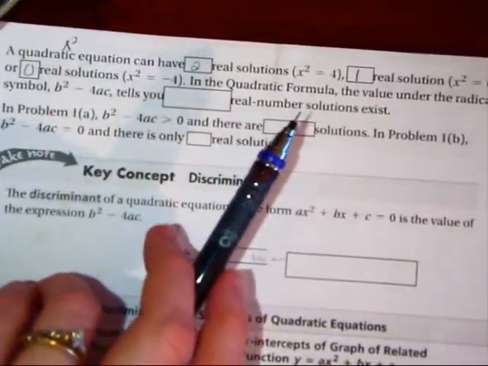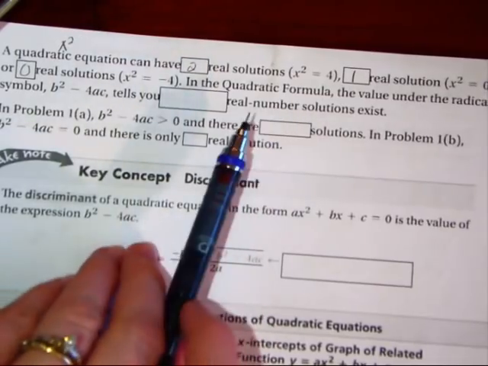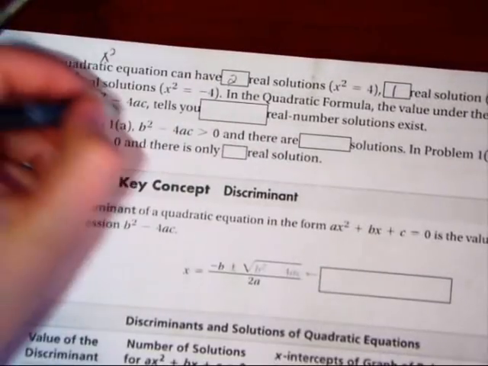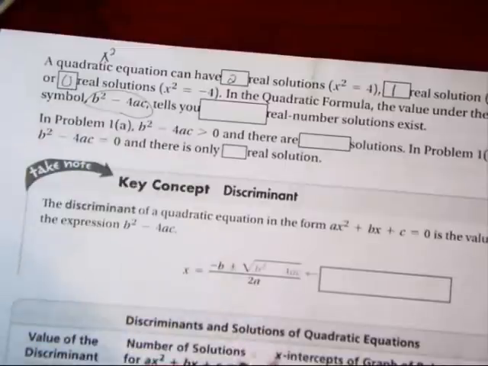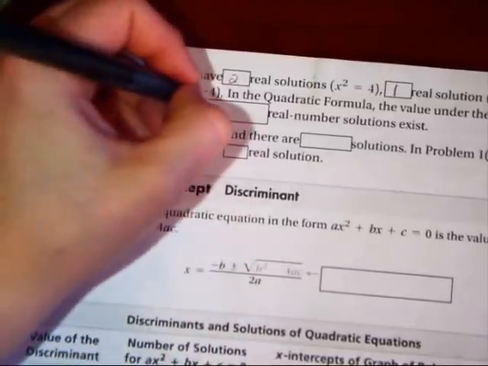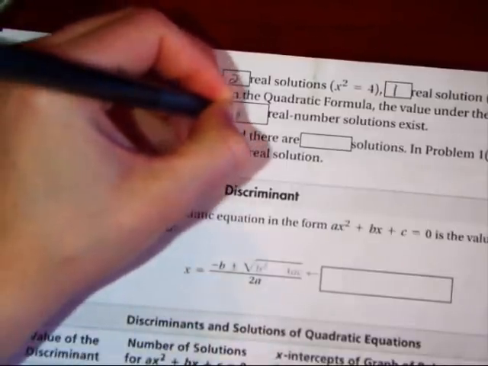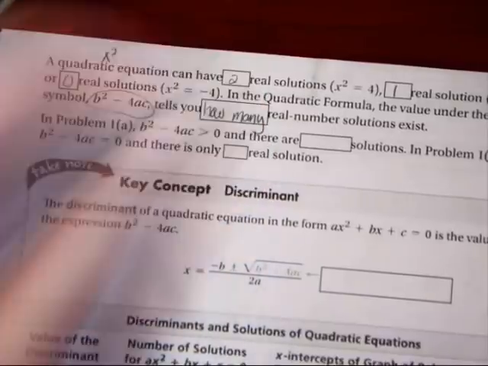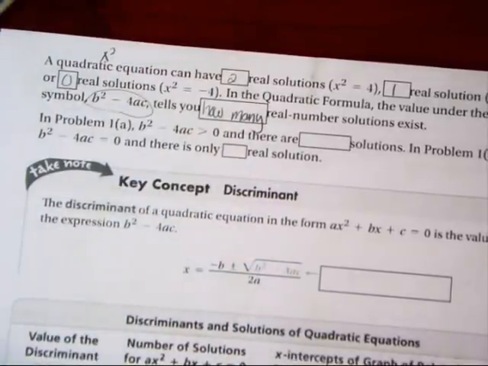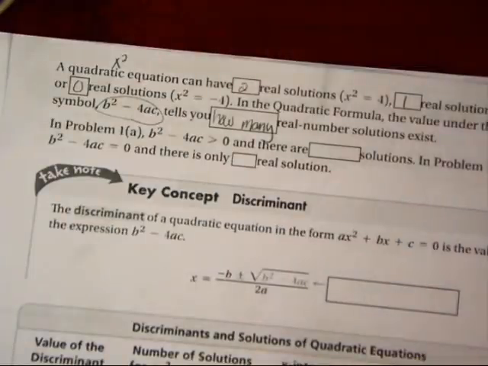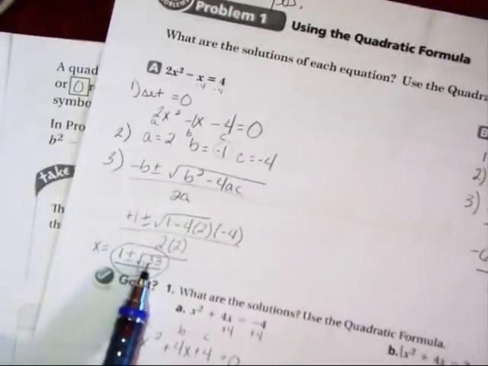The quadratic formula, the value that's under the radical symbol, so this value right here that we typically see underneath the radical symbol, it tells you how many real answers you're going to have. In problem 1a, if we flip back to problem 1a, I think I have my paper right here. Here it is. In problem 1a, we were greater than 0.